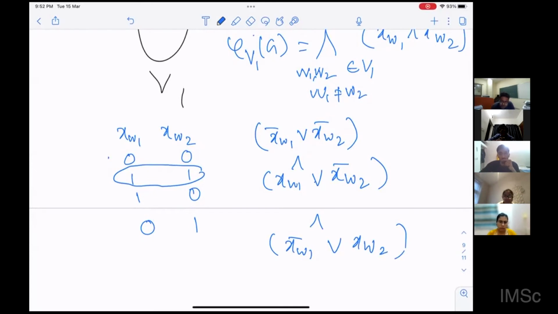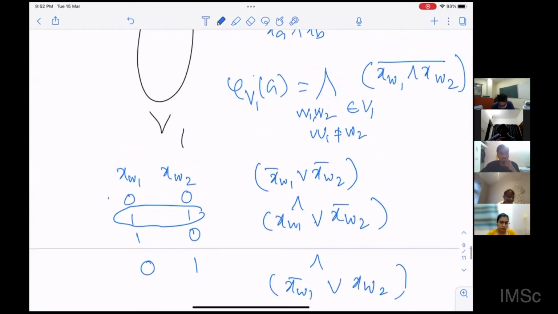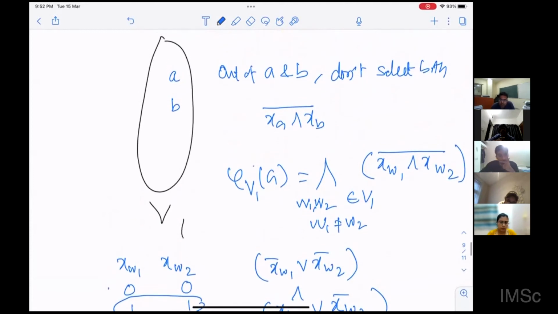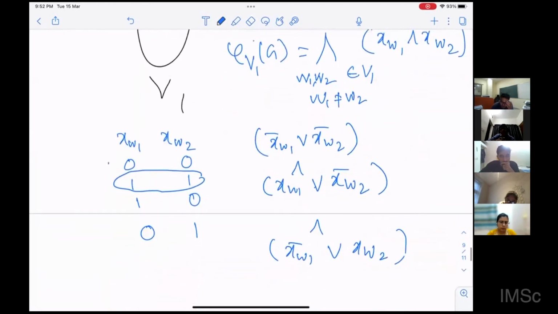So I can replace this with all these three clauses. But this is just a 2-SAT formula, no? You understood what I wrote? Now, because of this, can you select two guys from this partition? If two variables are set to 1, you will have trouble with these clauses. These clauses cannot be satisfied.